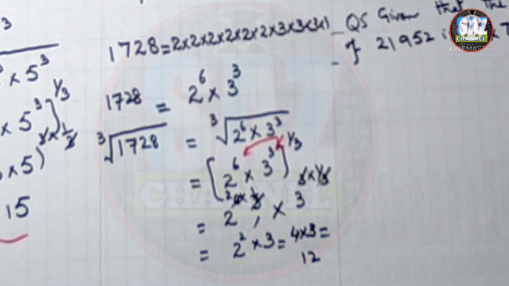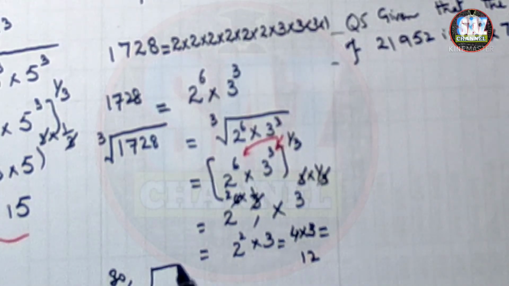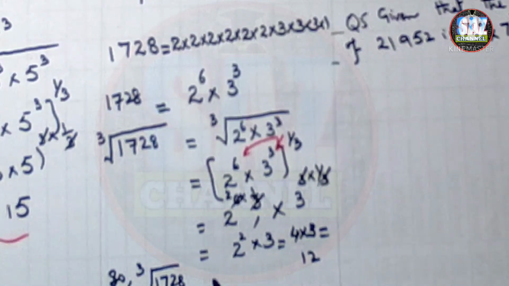So 12 is the number whose cube is 1728, or the cube root of 1728 is 12. So the cube root of 1728 will be equal to 12.